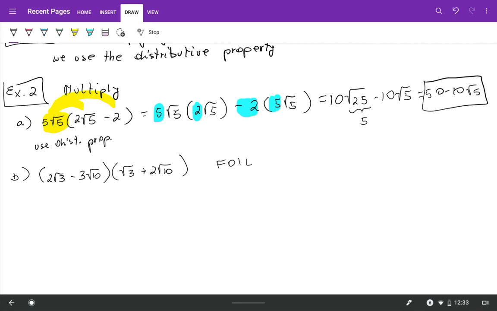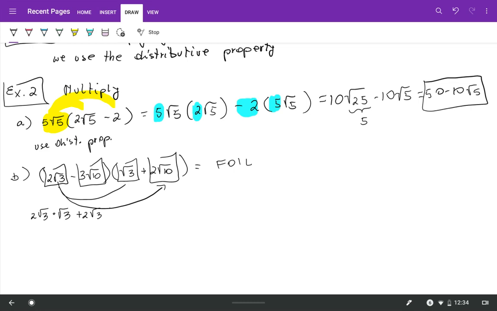Okay, so again, you have 4 expressions, 1, 2, 3, 4. So FOIL: F, multiply the first ones together. So we have 2 radicals of 3 times square root of 3. So that's F. O is outside, so that will be plus 2 radicals of 3 times 2 square roots of 10.